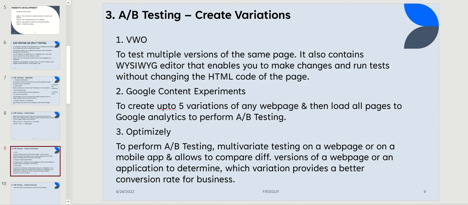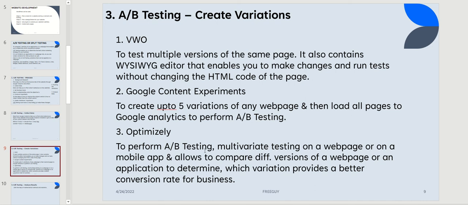It is used to measure the results of all variations and to decide the variant with the maximum conversion rate. Its main advantage is that it is freeware from Google. But you have to load the variants into Google Analytics to perform the test.